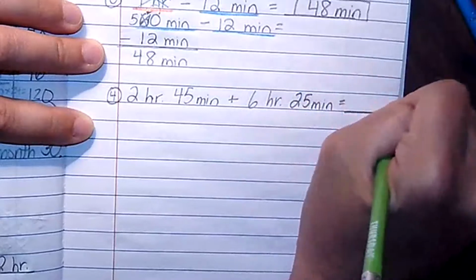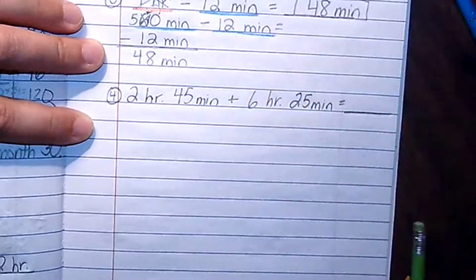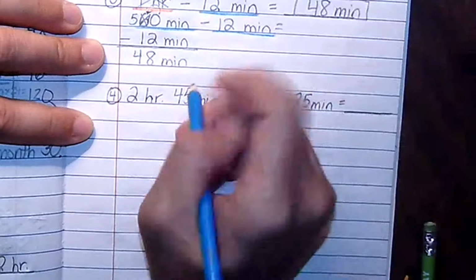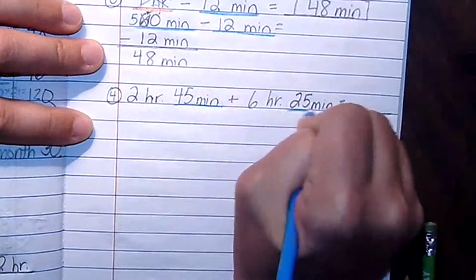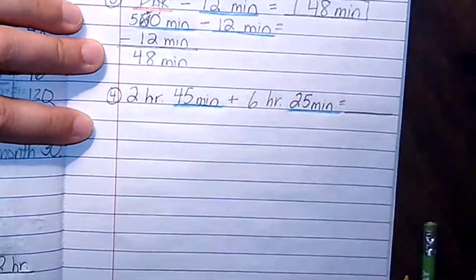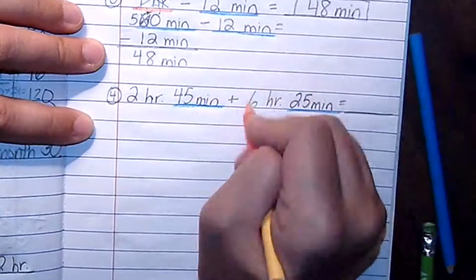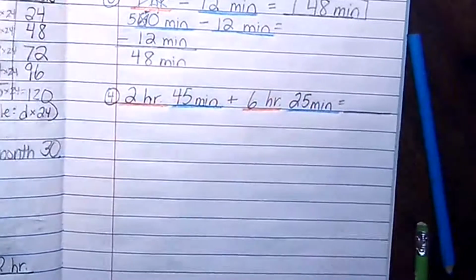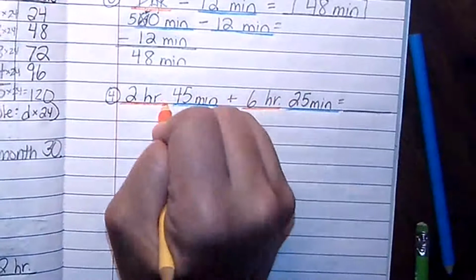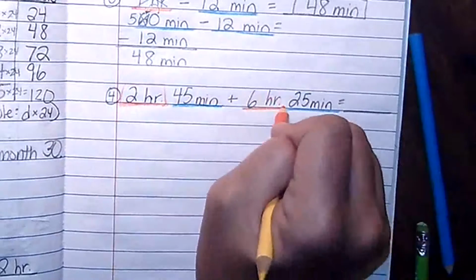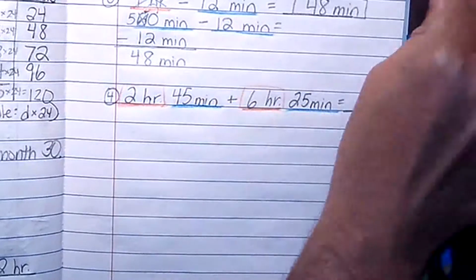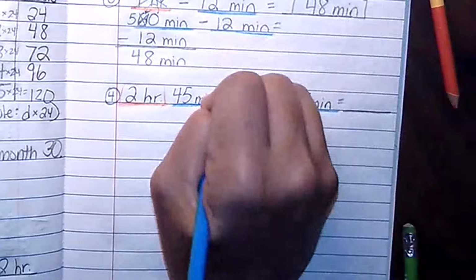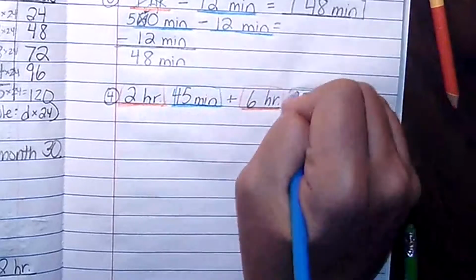What will this equal? Well, I've got my minutes, and I have some hours. I can't add hours plus minutes, but I can add hours plus hours, and I can add minutes plus minutes.